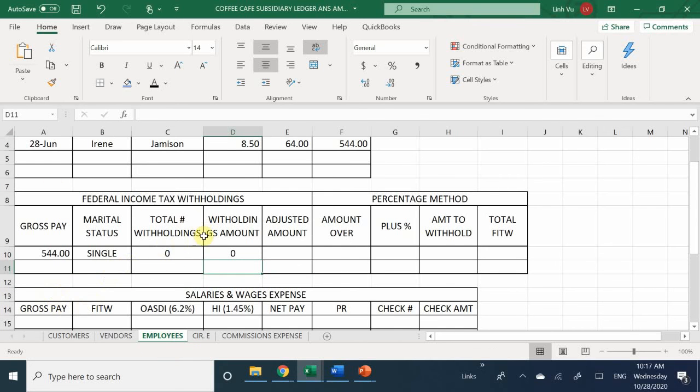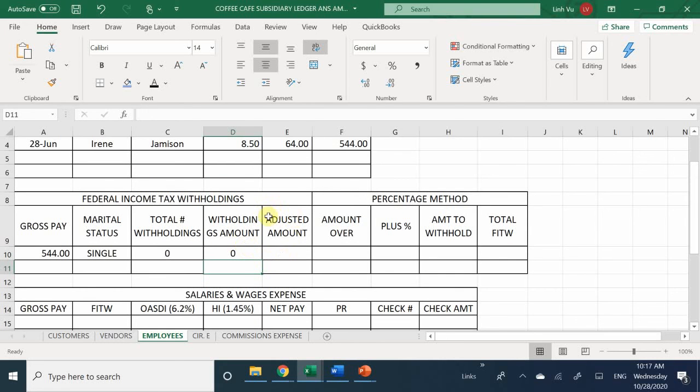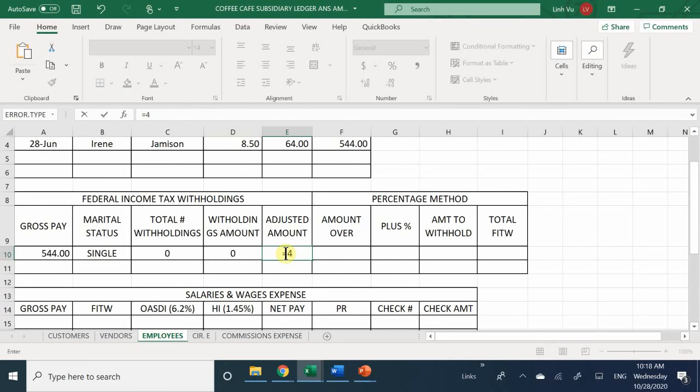Okay, so here we just do the adjusted amount. So here we're going to do 544 minus the 526. That's going to give you the amount of $18.